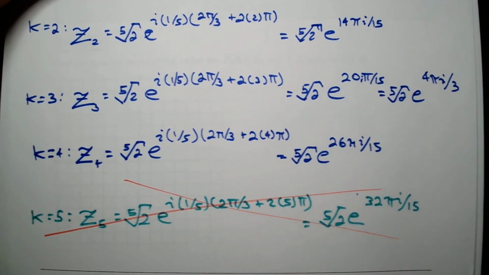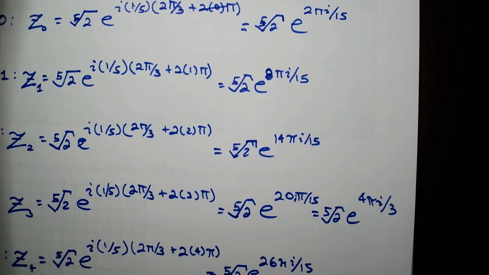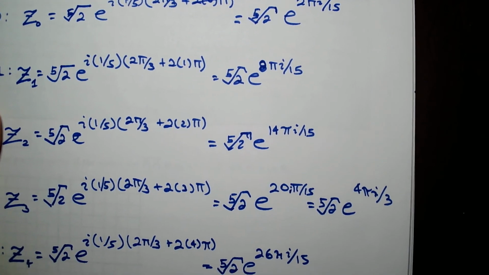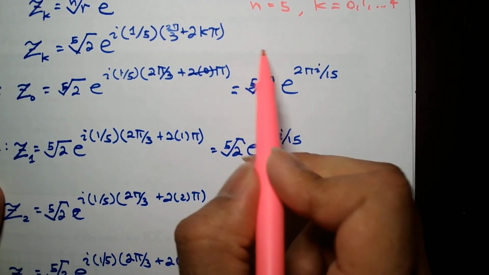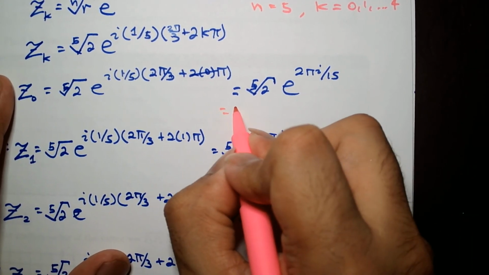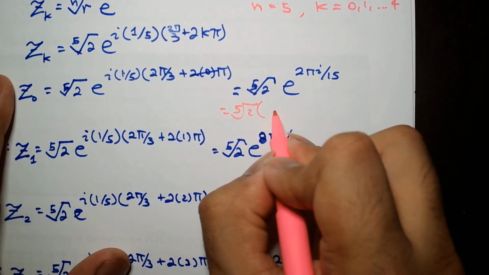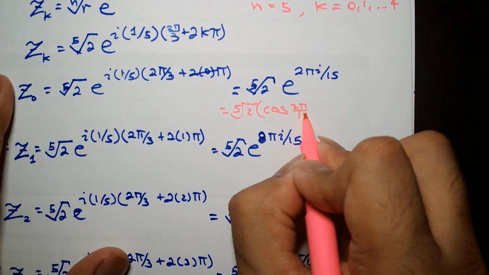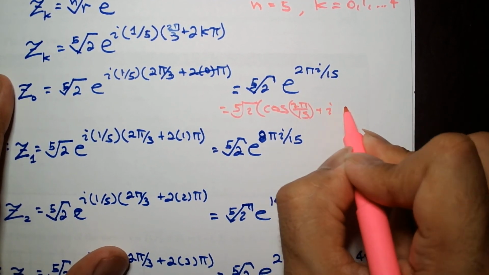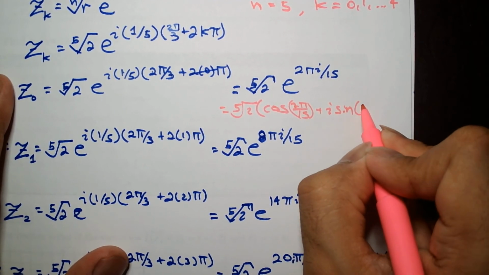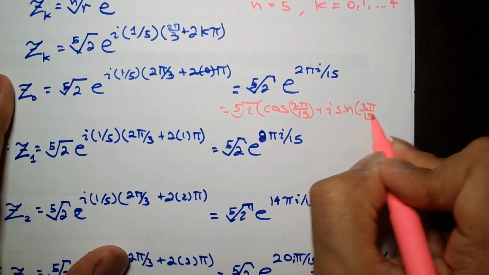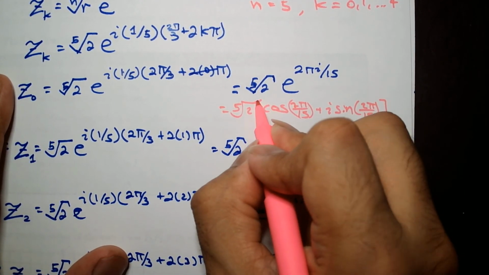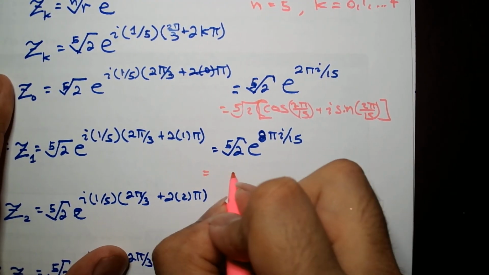Of course, from here, what you might want to do is to write this in polar form. Most likely the homework is going to ask you to write both. The fifth root of 2 times cosine 2 pi over 15 plus i sine 2 pi over 15. Same here.